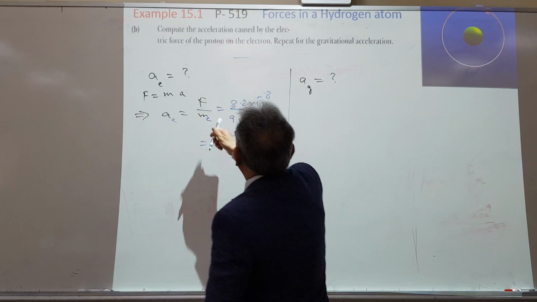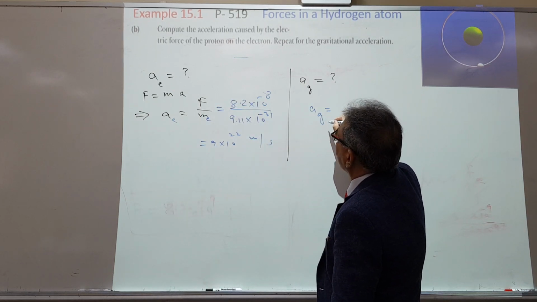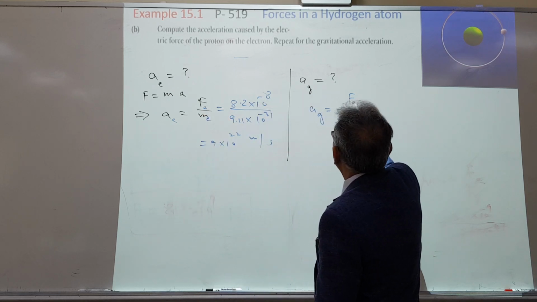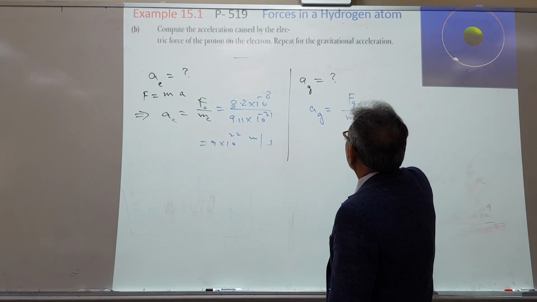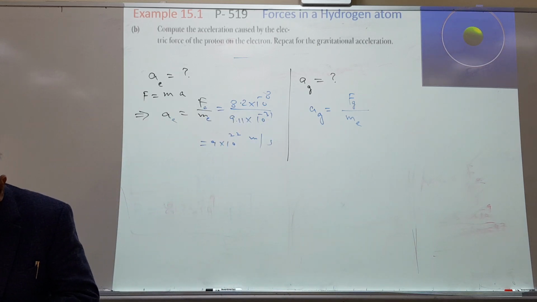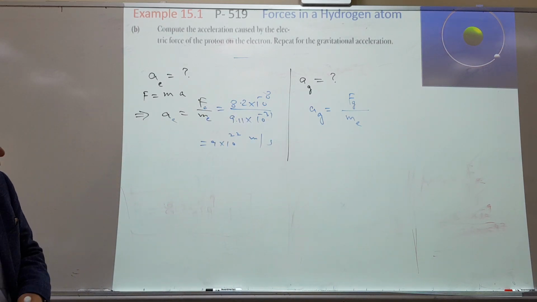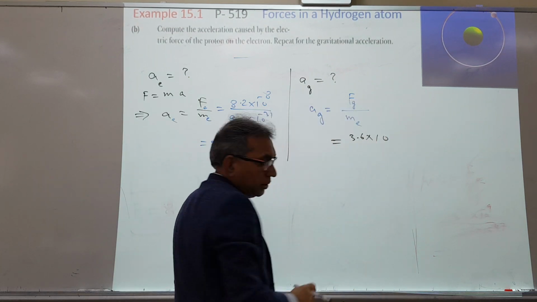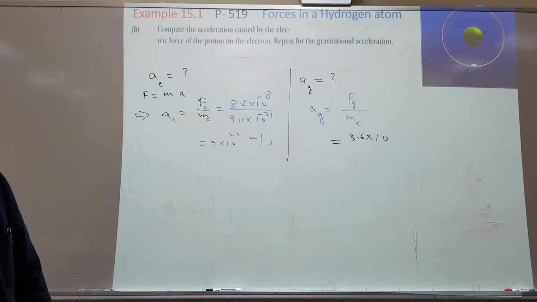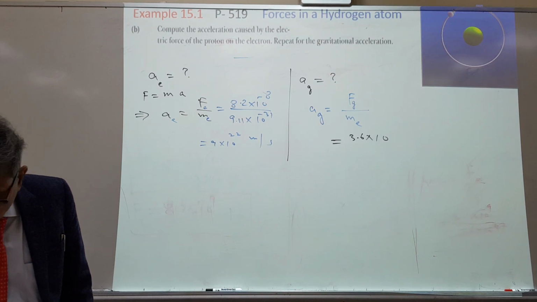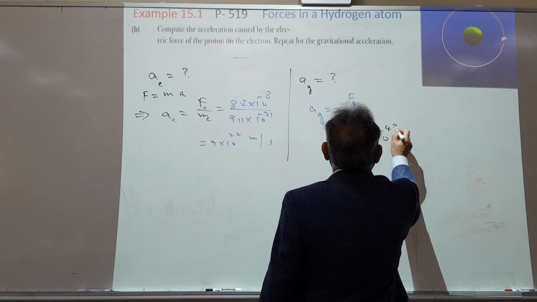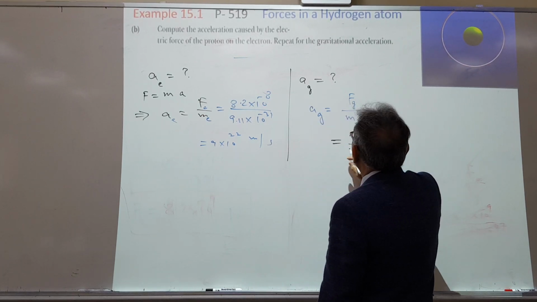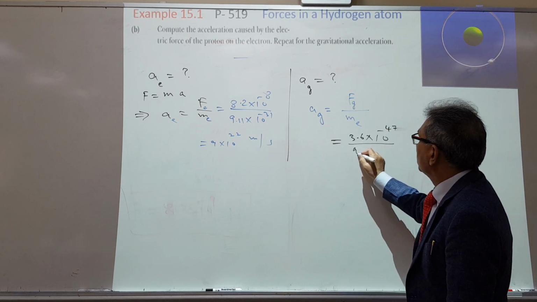Similarly, we have the acceleration due to the gravitational force. This was the electrostatic force and this is the gravitational force, and the mass of the electron. So we calculated this force, 3.6 times 10 raised to power minus 47, divided by the mass of the electron, the same here.